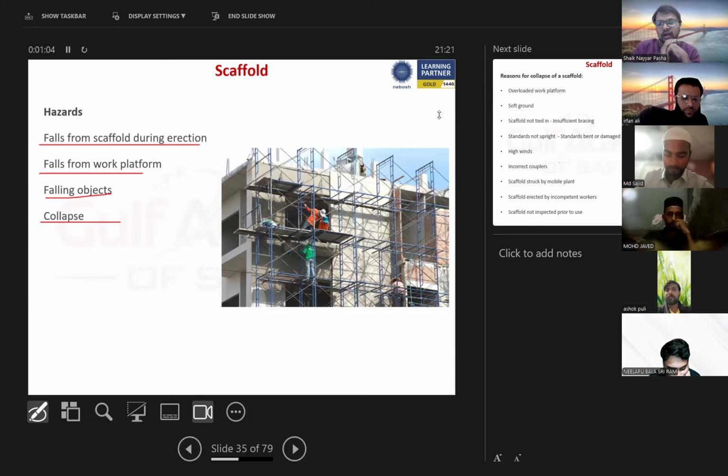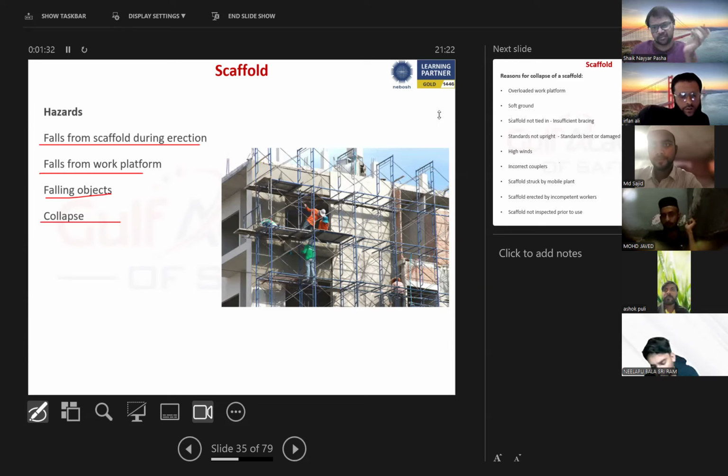Yes. Or mainly the standards, whatever verticals are there, they are not straight, they are bent or damaged. Or when you are tying in the scaffolding with ropes or using couplers, loosely fitting them or loosely tying them. That is one thing. Or scaffolding erected by an incompetent person, not an authorized scaffolding inspector or installer.